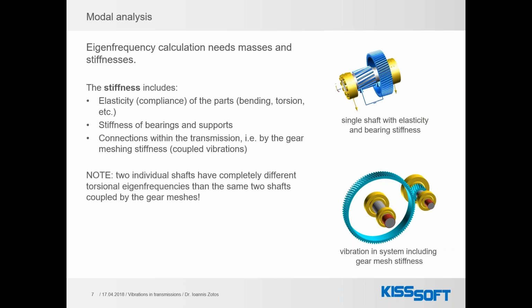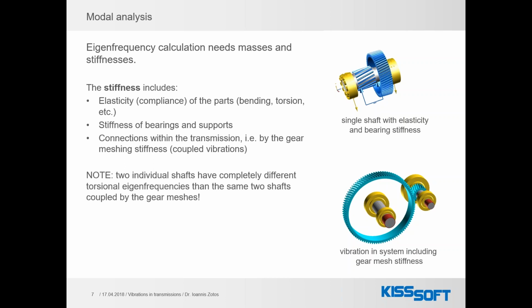It's not enough to just analyze a single shaft and then try to derive results for the dynamics of the full system of shafts. A system of shafts should be analyzed as a system, since the gear mesh stiffness is a very important coupling factor in there.